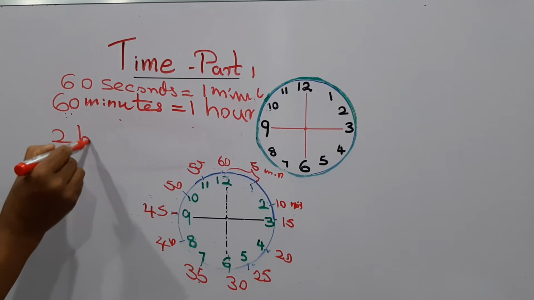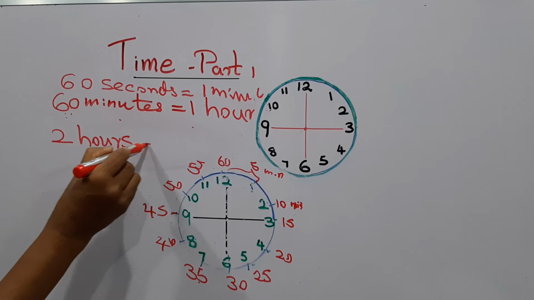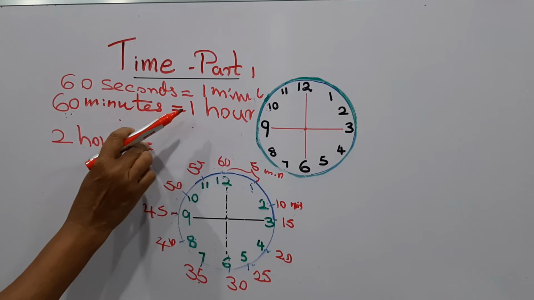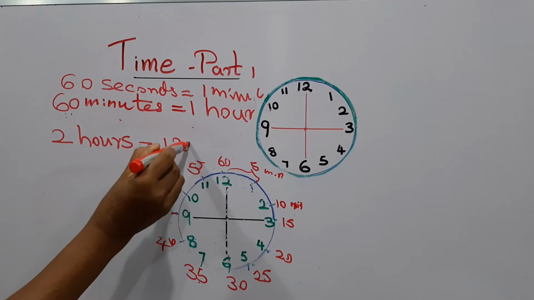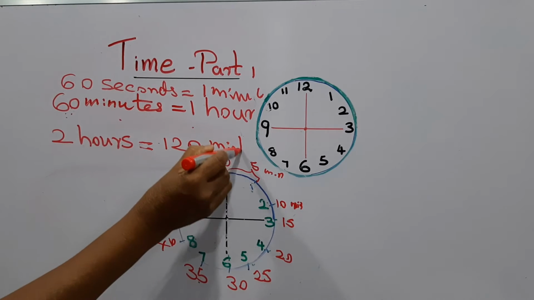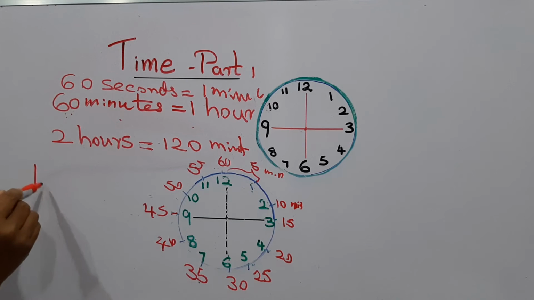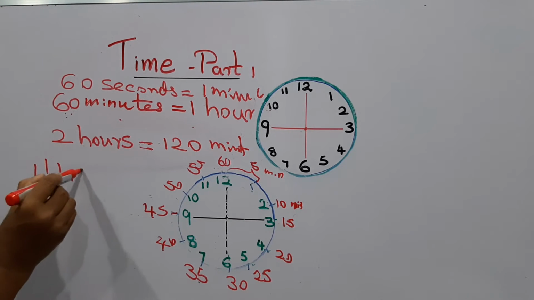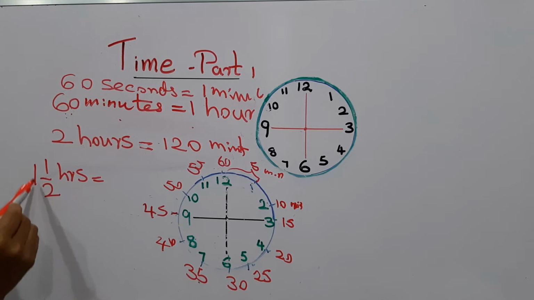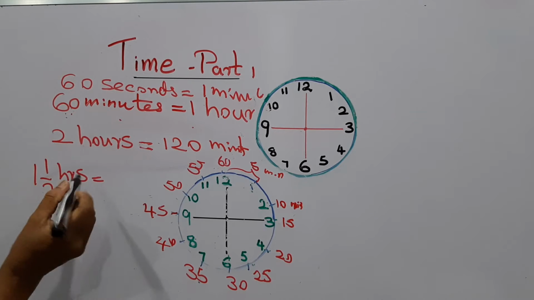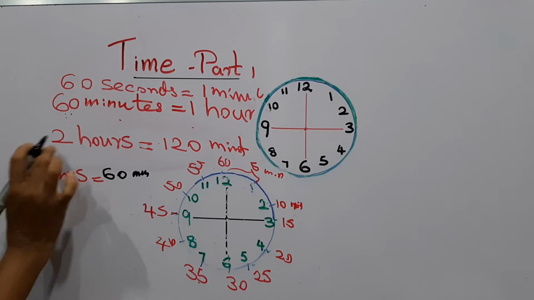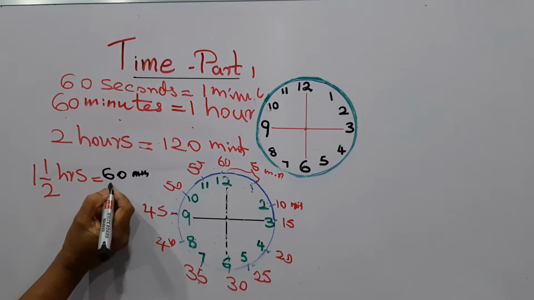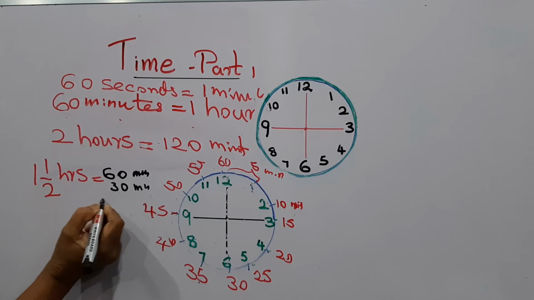Then if we discuss 2 hours, how many minutes are there in 2 hours? Yes, 1 hour is 60 minutes. That means in 2 hours there are 120 minutes. Then 1.5 hours. How many minutes are there in 1.5 hours? That means 1 hour means 60 minutes plus half an hour, that means half of 60, that means 30 minutes altogether.